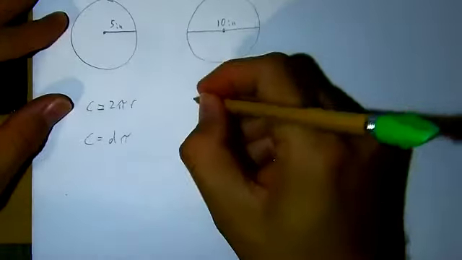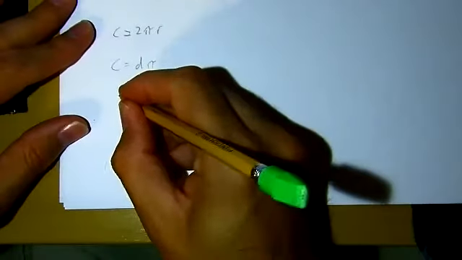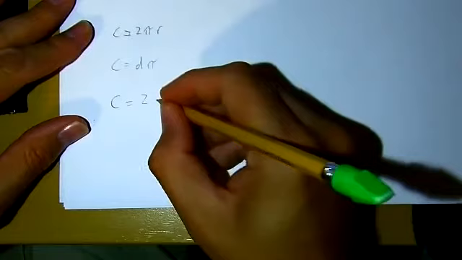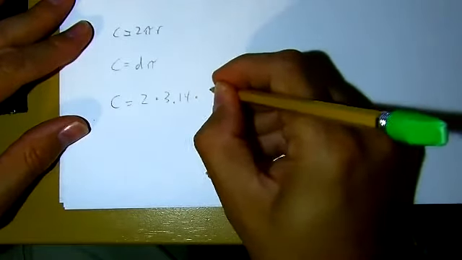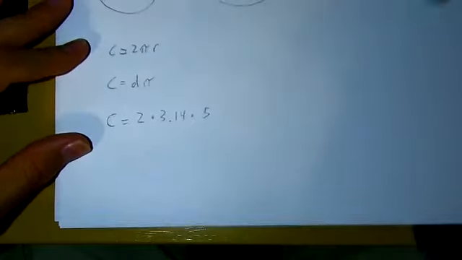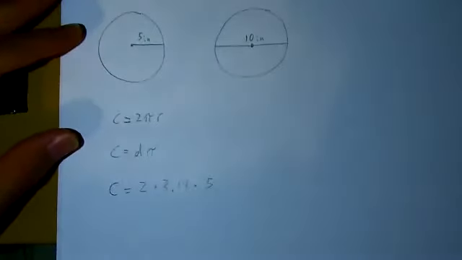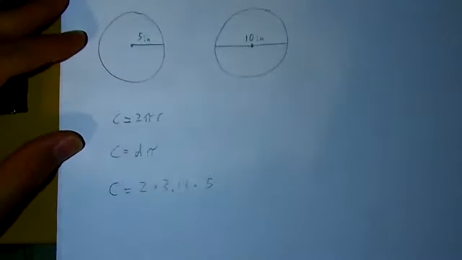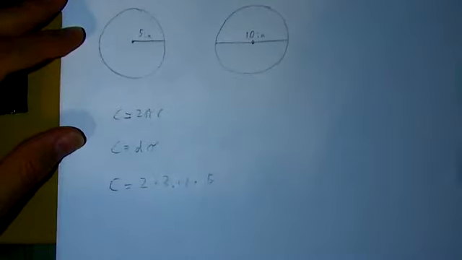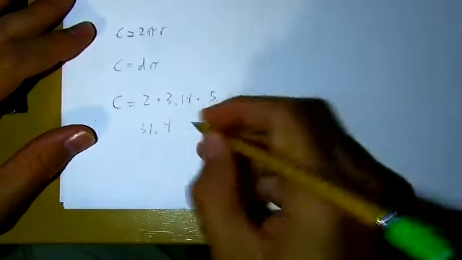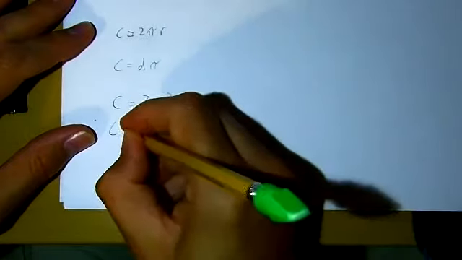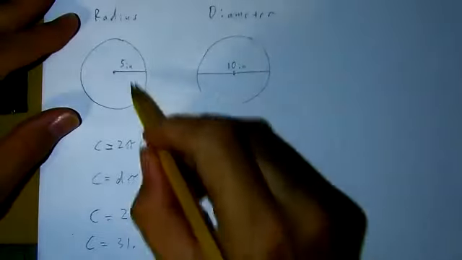So let's say circumference equals 2 times pi times the radius. Punch that in on a calculator. And you will get 31.4 inches, because our original measurement was in inches.